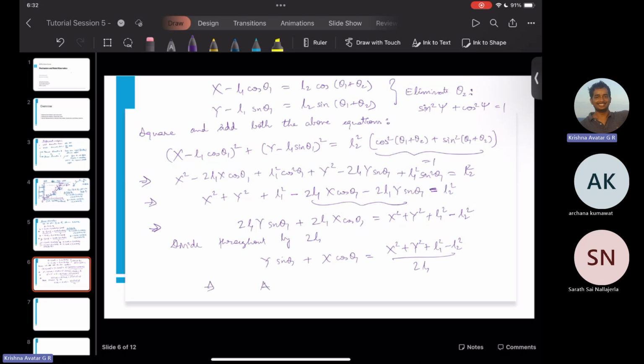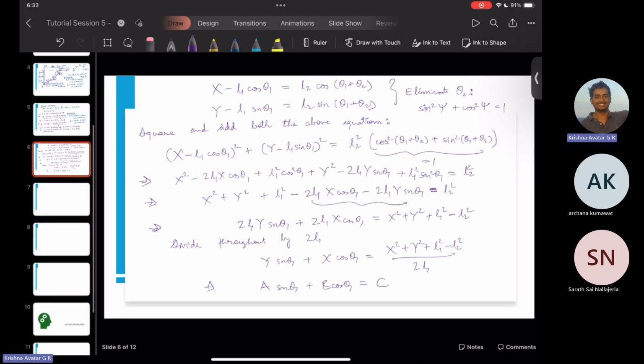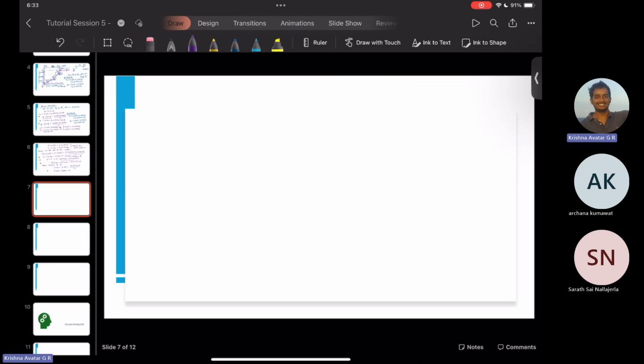And this we can write out in the form of a sine theta 1 plus b cosine theta 1 is equal to c, which you know very well how to solve. This has been in discussion since week 1 of this course, right?